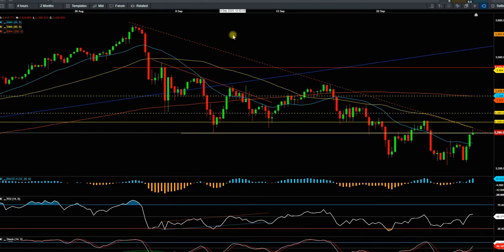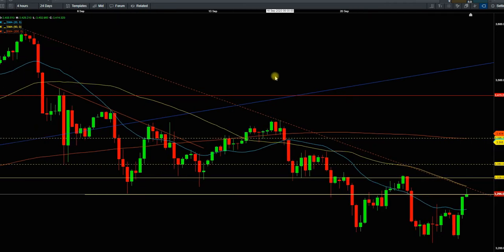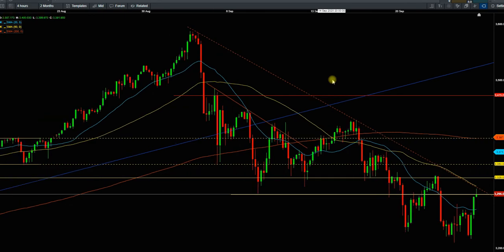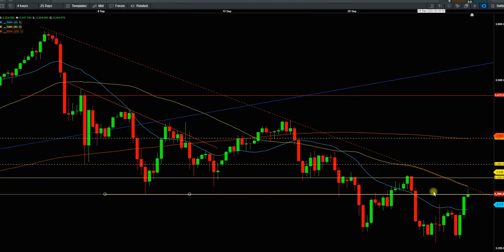This is the H4, or 4-hour chart. Here, the 4-hour gives us a very nice projection of what we expect for this week. If you see this pivot high here, and we are going back to test this pivot high, coupled with this 50 moving average, which is not the 50-day, by the way.